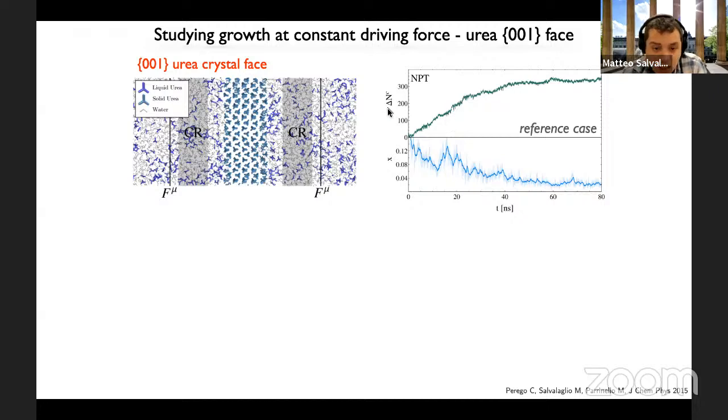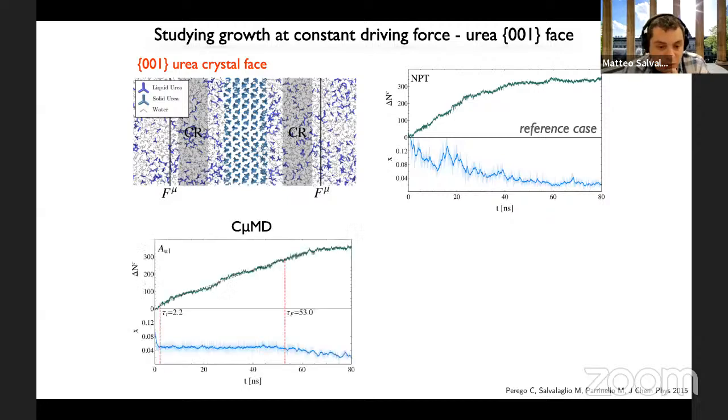Instead, if we apply SimuMD, applying forces in this region and essentially controlling the concentration in these control region areas of the simulation box, we are able to govern the rate at which atoms are removed. And we are able to observe the evolution of the system in out of equilibrium conditions because the difference in chemical potential between the crystal and the liquid is constant, but at steady state.